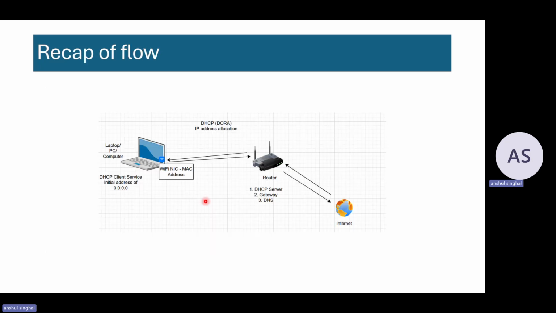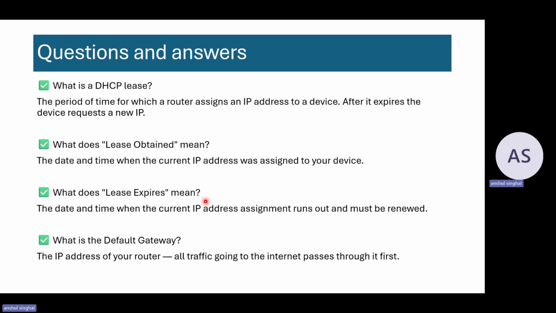That is what we are saying here: the date and time when the current IP address was assigned to your device is the lease obtained, and the date and time when the current IP address assignment runs out and must be renewed is the lease expiry. So I think it's obvious to understand what expiry means here.